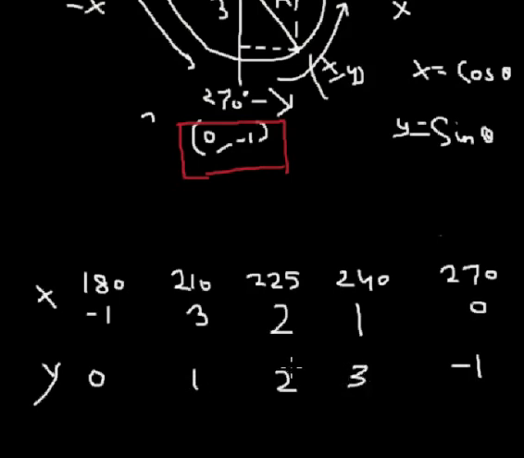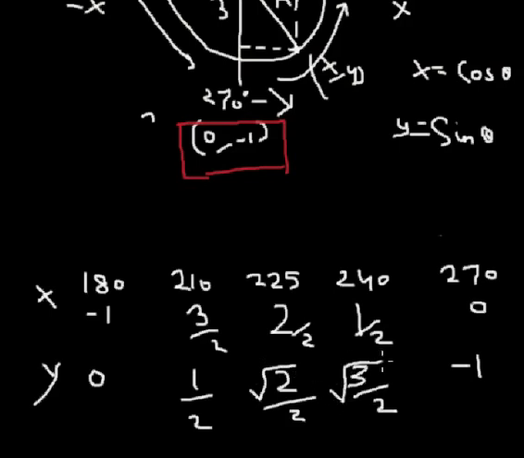Divide everything by 2. Square root of 2 and 3: the numerator 3 is under a square root, the numerator 2 is under a square root.